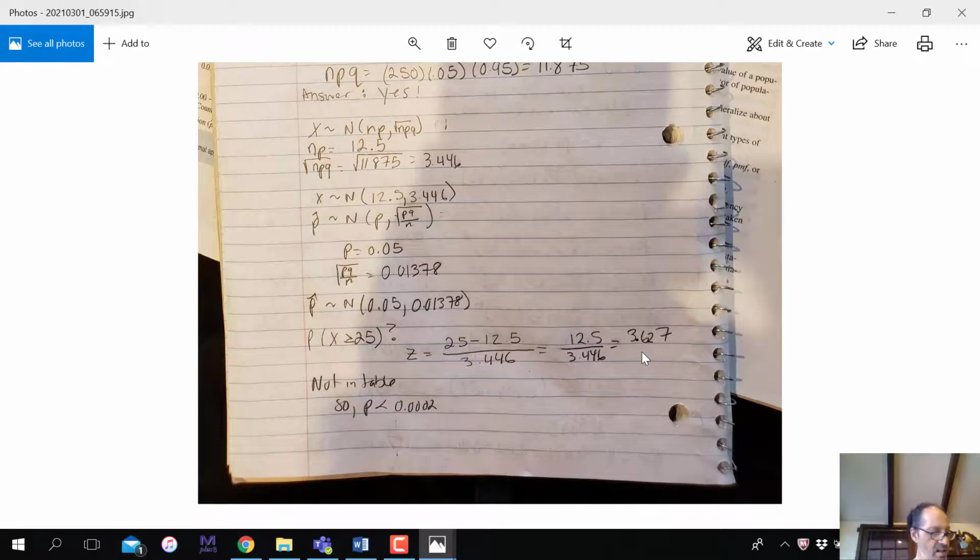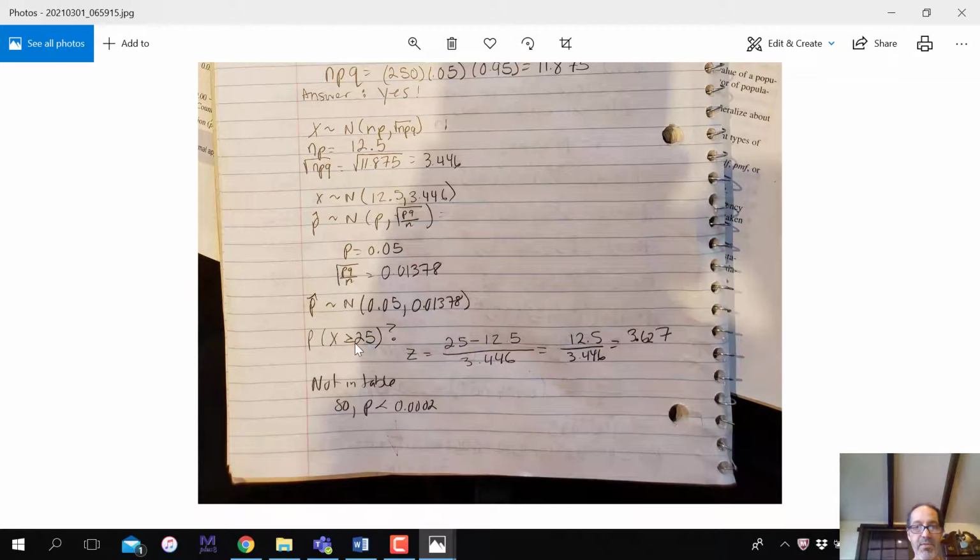The values in the table are everything accumulated from left to right, from the smallest value to the largest value. So this is telling us that a Z value of 3.627 is extremely far to the right.